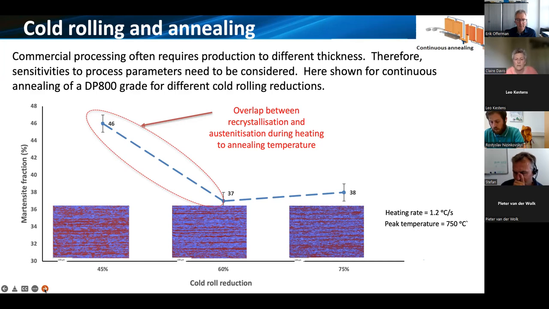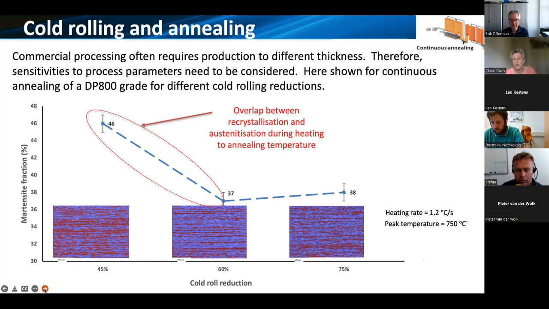And what we see is that if we're going down to relatively low cold rolling reductions, 45% in this case, which is a commercially used cold rolling reduction, we can start to see quite strong sensitivity in the microstructure that's developed, whereas above the 60 to 75% cold rolling reductions, we don't see that. The reason for that is because of the stored energy and the driving force for recrystallization compared to austenitization.